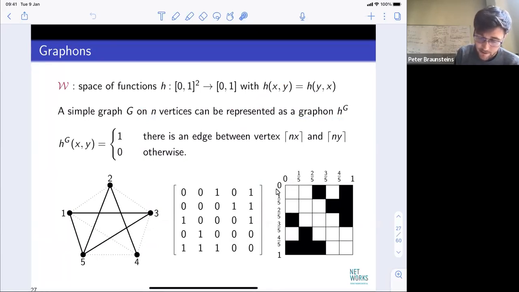In particular, the graphon that represents graph G is equal to 1 if there is an edge between vertex x and vertex y, and it's equal to 0 otherwise. So these particular graphons that represent graphs can only take the values 0 and 1.